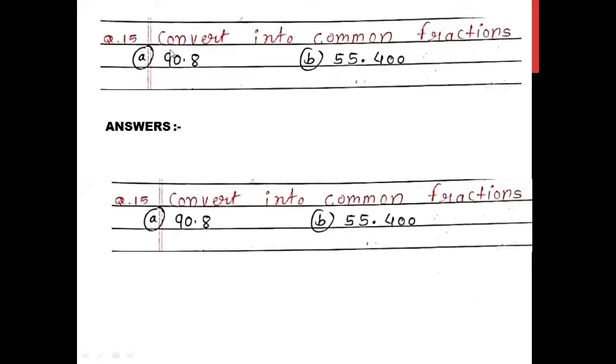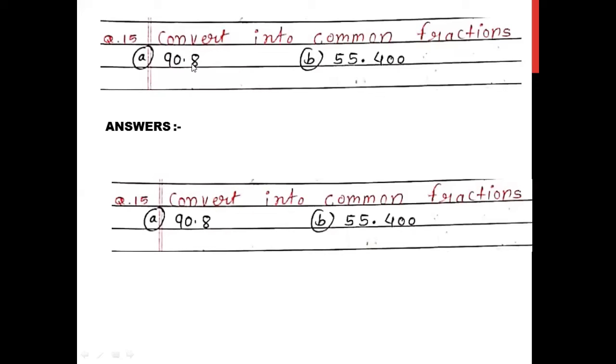So what you will do? You will multiply. How to convert? So there is the power of 10, because how many decimal places? After the decimal point, the number has decimal places.